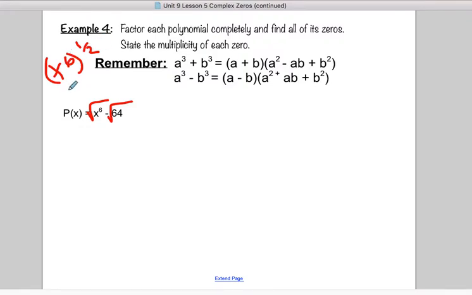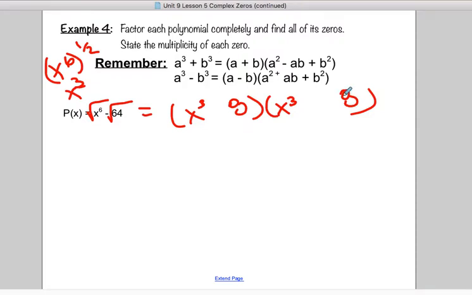So 6 times 1/2 is x to the 3rd. Okay. So when I factor it, I would have x to the 3rd in the front. And then my square root of 64 is 8, so 8. And then remember, we always have a plus and a minus.